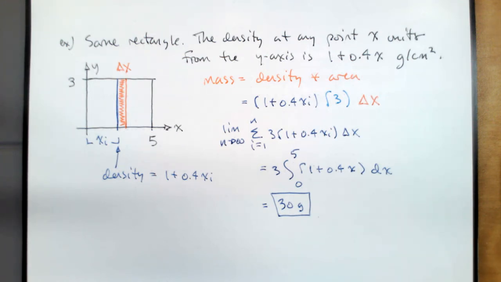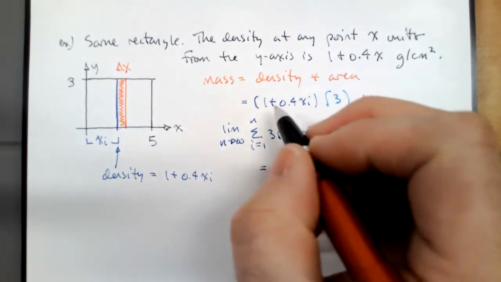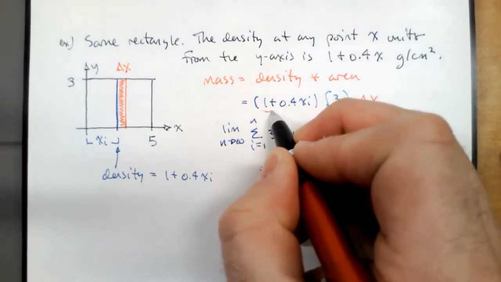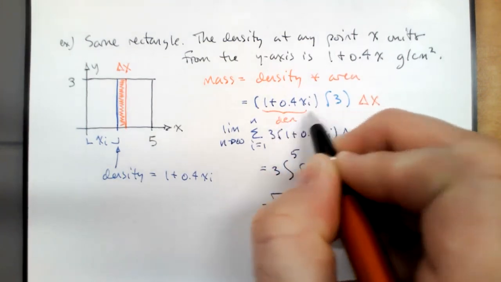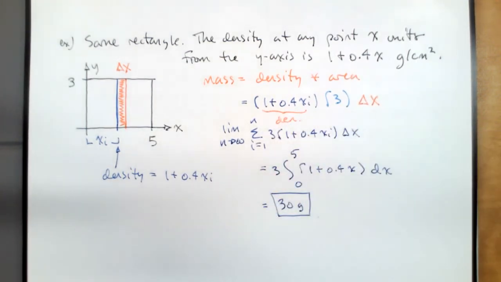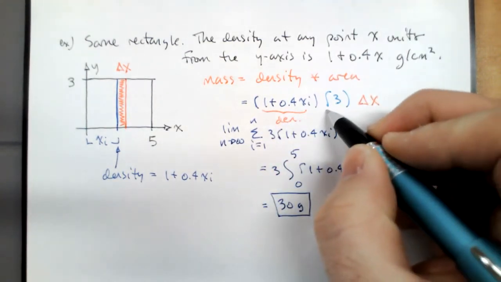Questions? Notice the 3 parts that we have going on here. We've got mass is density times area, and I broke the area into length times width. So I've got the density. Here's the density. And the area is broken into length times width.